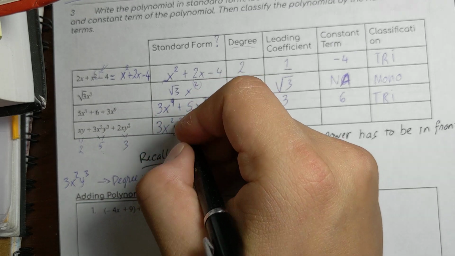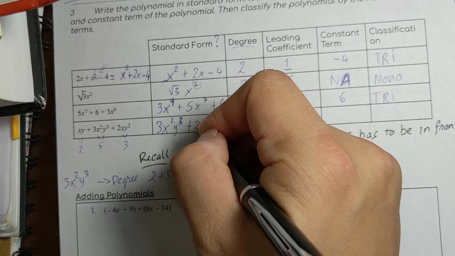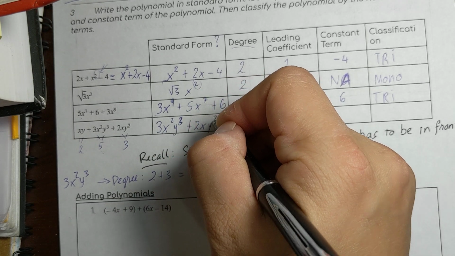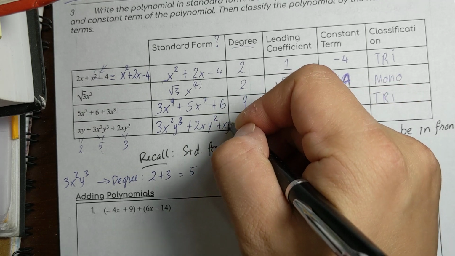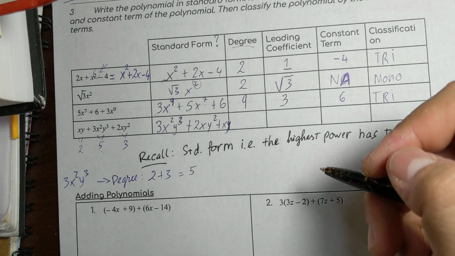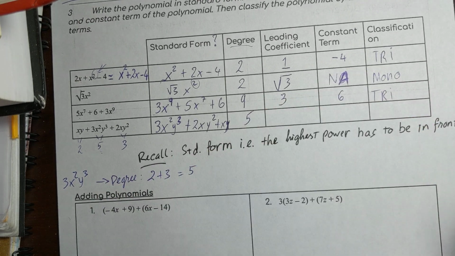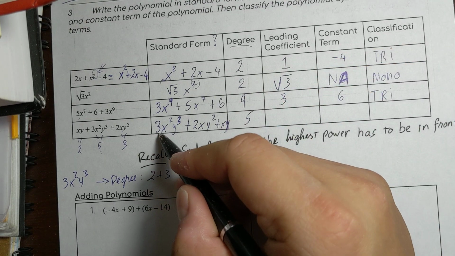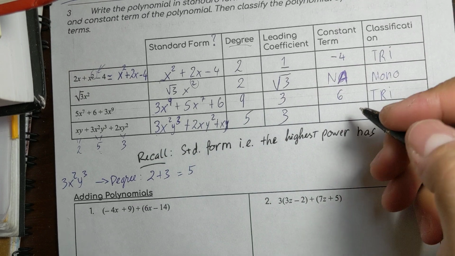3x^2y^3 plus 2xy^2 plus xy. The degree of this, since this is the highest degree, has to be 5. Leading coefficient has to be 3, because 3 is in front of everything.